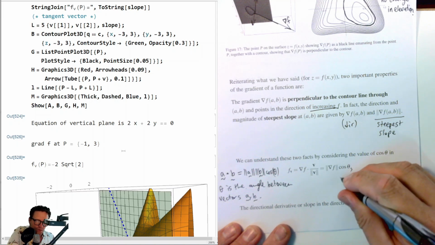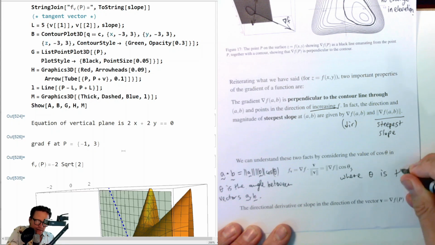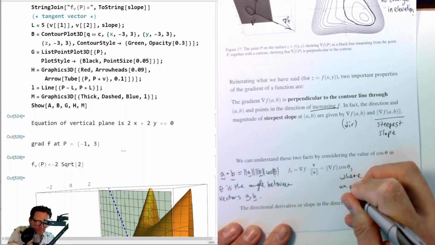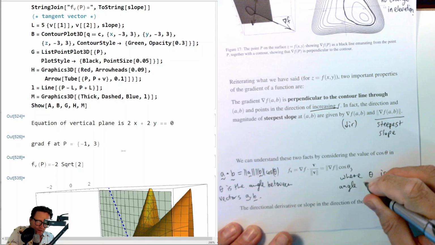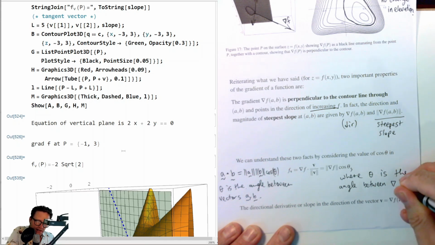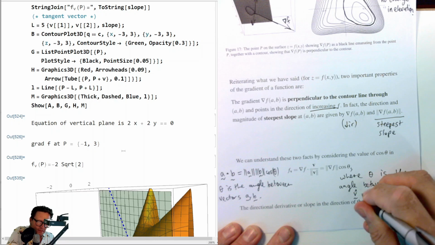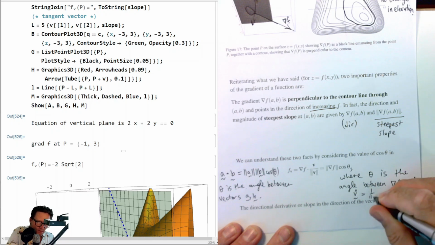So where theta is the angle between grad f and the unit vector v hat, which is 1 on the norm of v times the vector v.